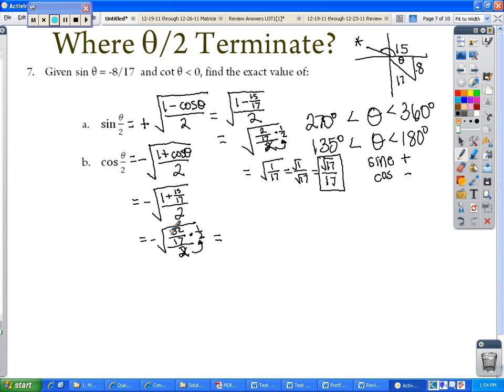I can reduce before I multiply, and 32/2 reduces to 16/1. So that's really the square root of 16/17. The square root of 16 is 4 over root 17. Rationalizing the denominator gives me 4 root 17 over 17, and don't forget to carry that negative sign across. So the cosine of the half angle is negative 4 root 17 over 17.